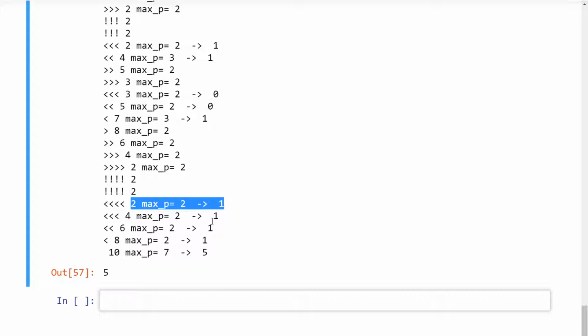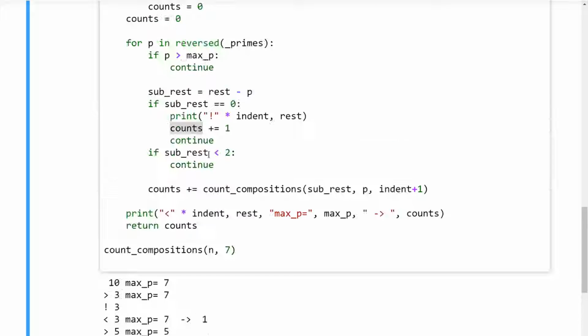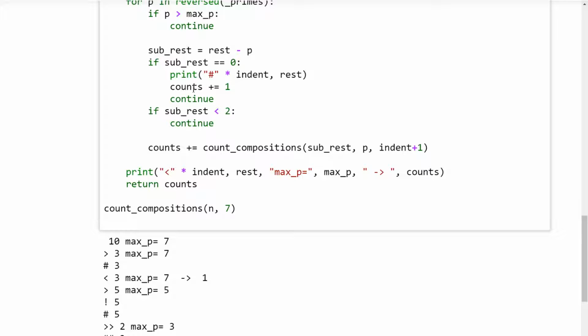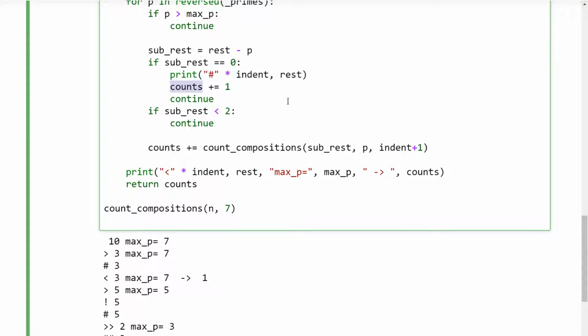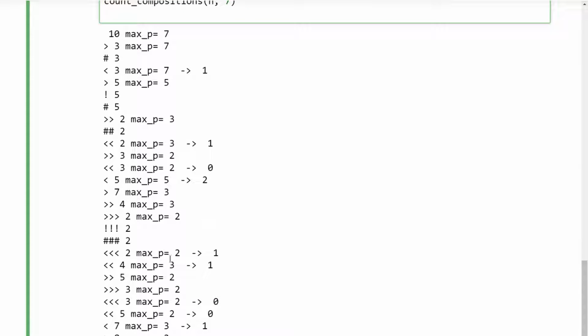All of this is correct. But this seems strange. Let me just do, I don't know, hash or something. So if we're doing this, this doesn't make sense. How is this a 1?